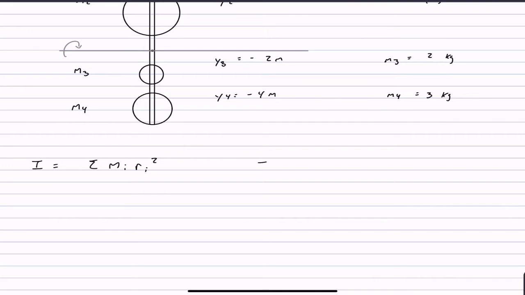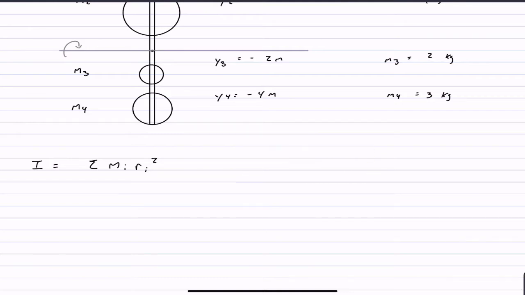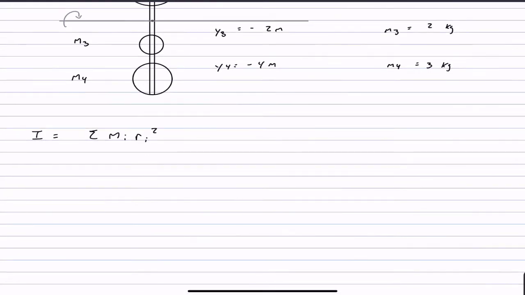This is the more general form, but you normally would see it like this, m r squared, for a point particle. Since these are technically point particles, and they're just represented by larger balls because they're larger masses, right? But we're told they're particles, so we assume that they're points.